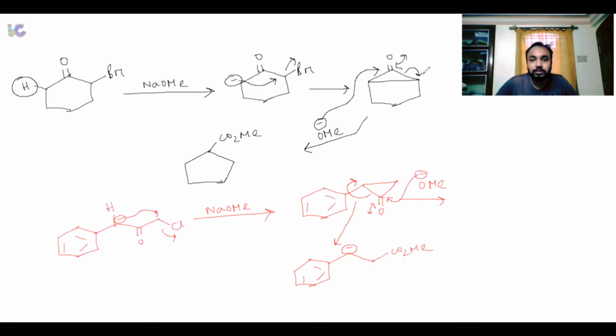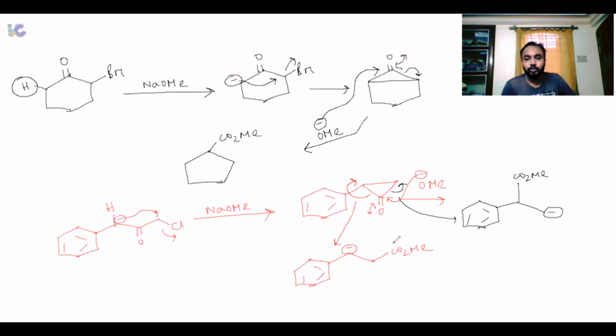But if it opens from the other side, then we will get a CO2Me here. This side was 1, 2. Here we have a total of 3 carbons. So here a negative charge.